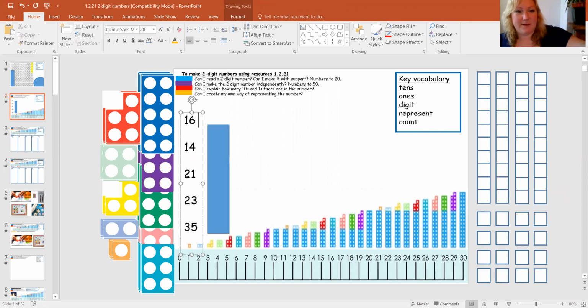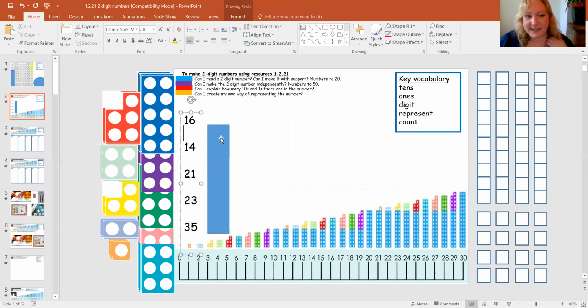If we had the number 4, that has one digit. If we had the number 125, that has 1, 2, 3 digits. Today we're looking at numbers with two digits.